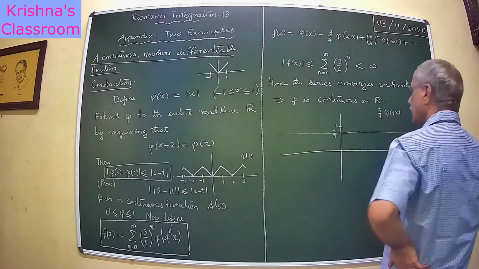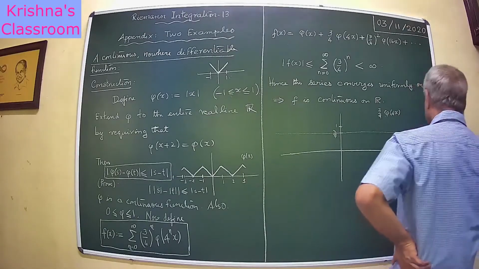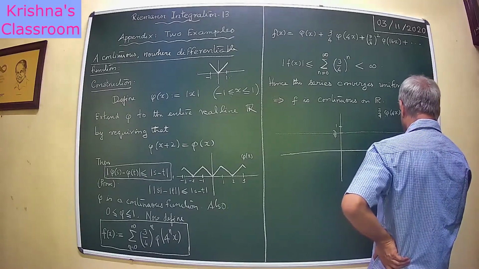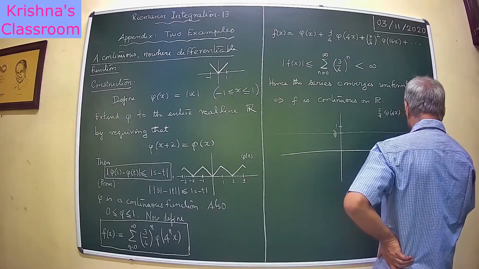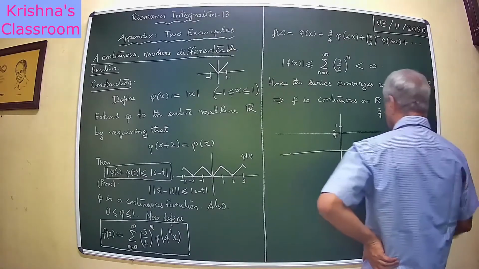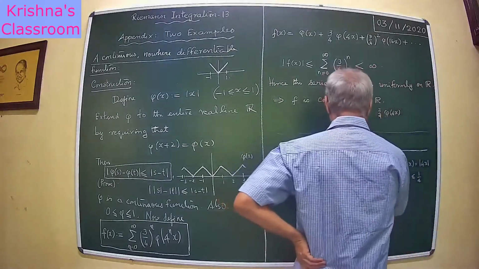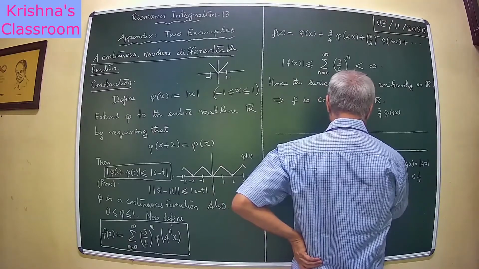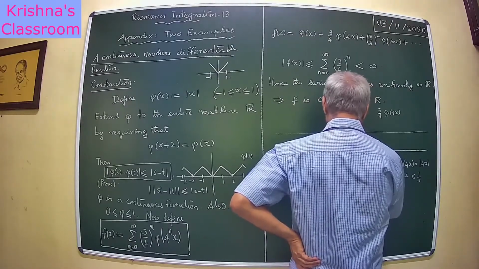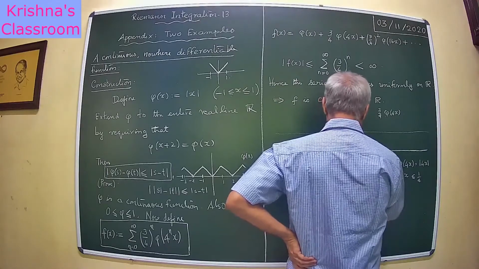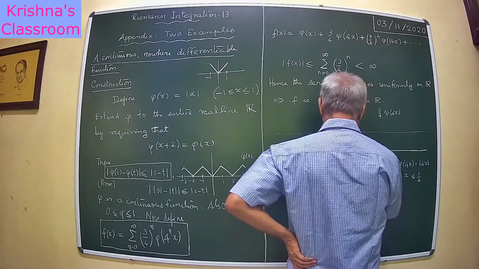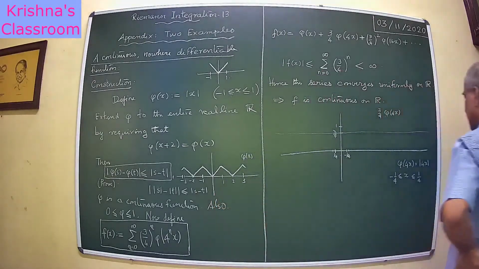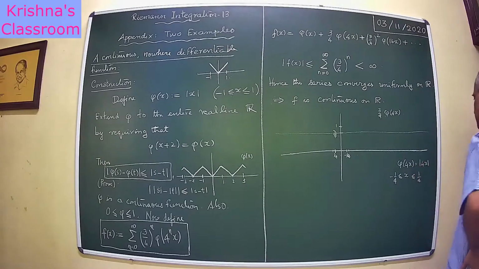Therefore, phi of 4x you will define over a smaller interval, and then it is bounded function.